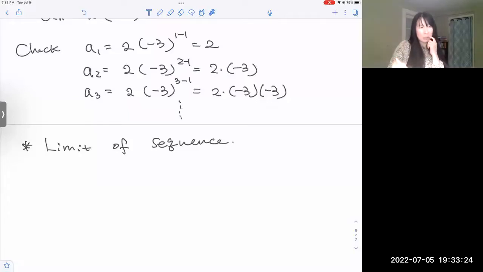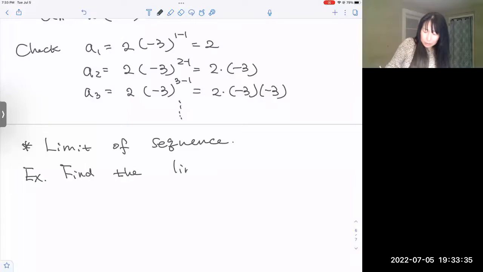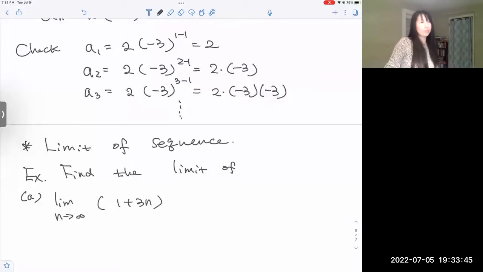Let me denote it this way because they don't say that here. So A. Find the limit of the first one: limit as n approaches positive infinity of 1 plus 3n.